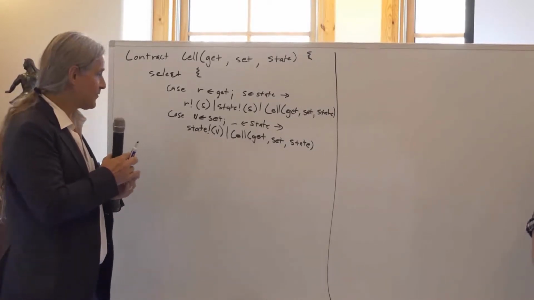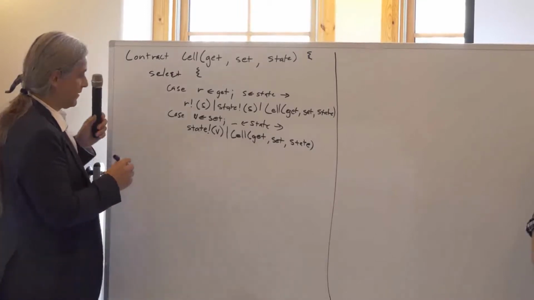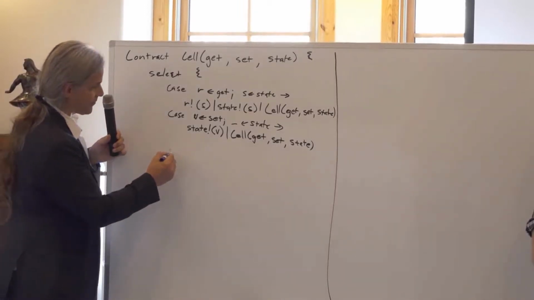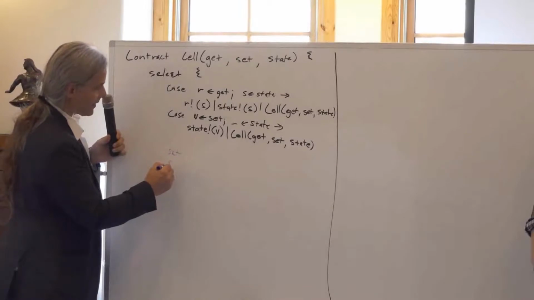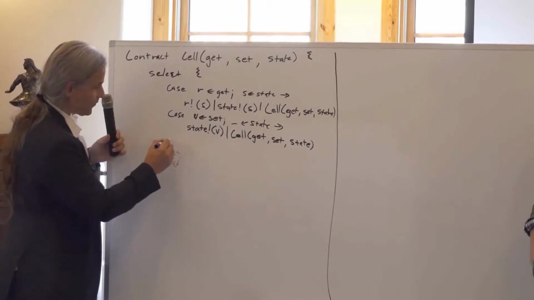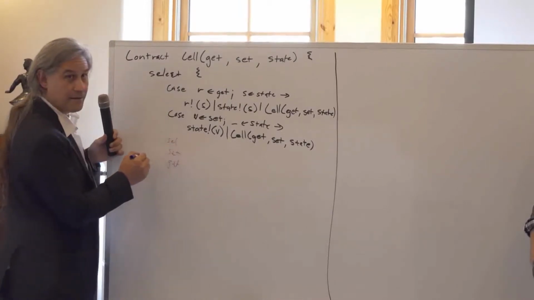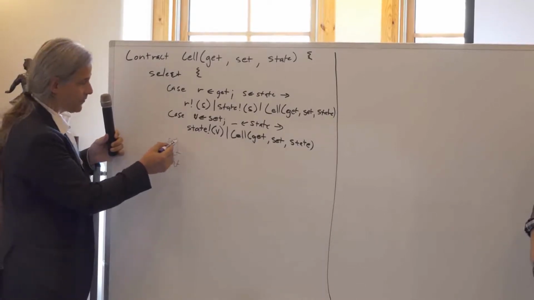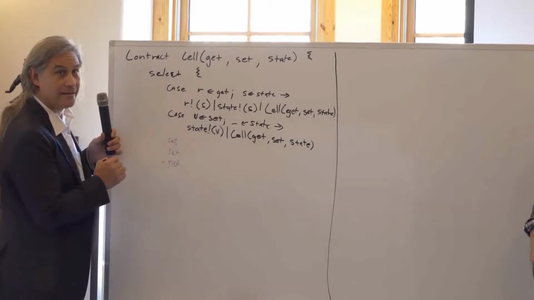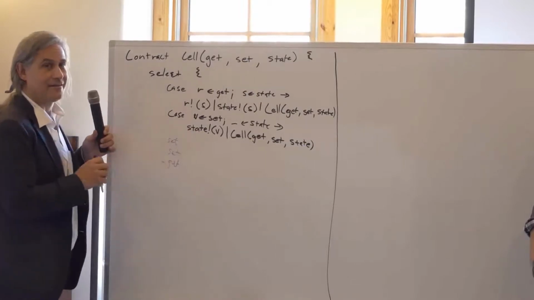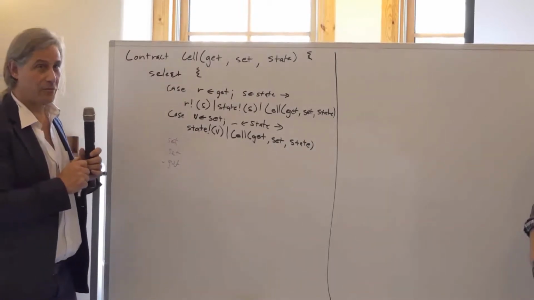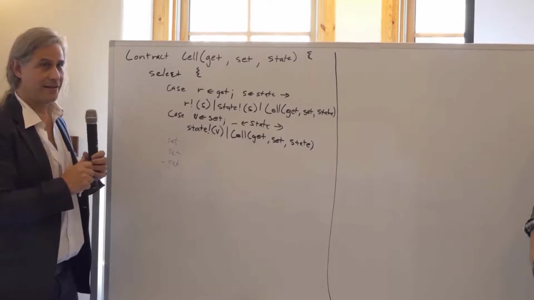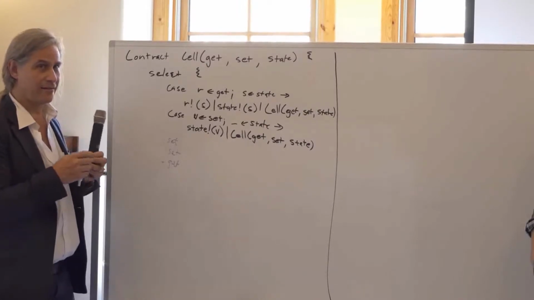So the real issue is, suppose we have a set come in, and then a get come in. So now we have two sets racing, and we have a get. So which one of these is this get going to get? You might care.